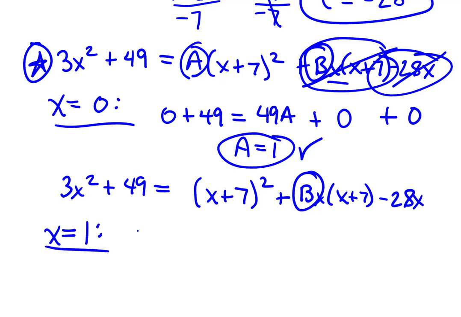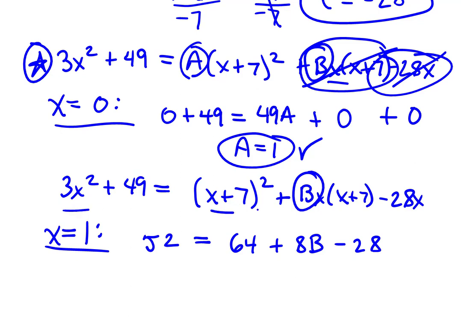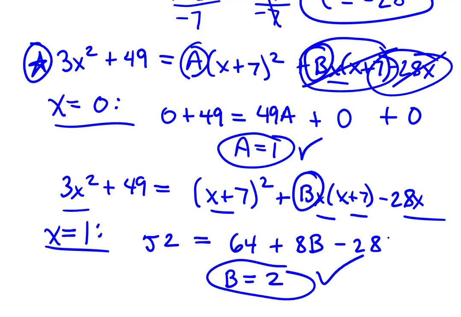If I plug in 1 for x in this equation, the left side should turn into 52 equals, it should be 64 plus 8b minus 28. Okay, that's just plugging in 1 for all the x's in the previous step. And it should give us this, which should allow us to solve for b. Okay, so doing that, getting b alone, should give us b equals 2. And so there we have it. We now have found a, b, and c.